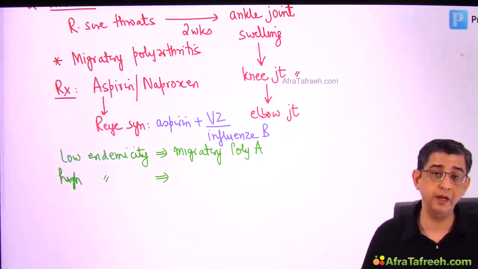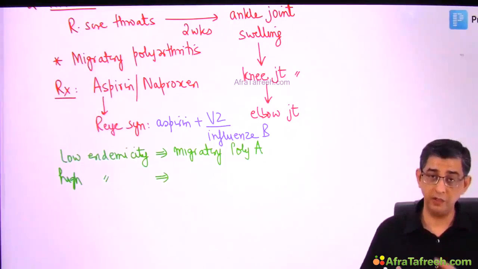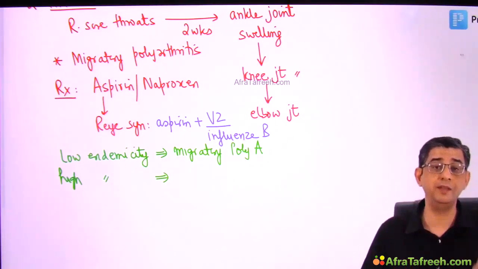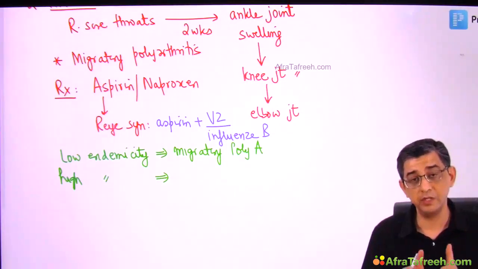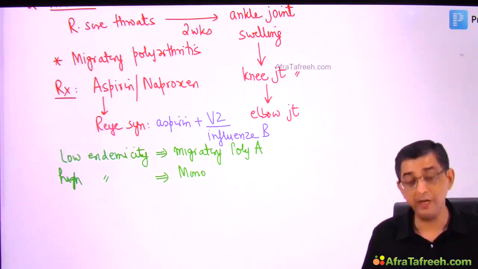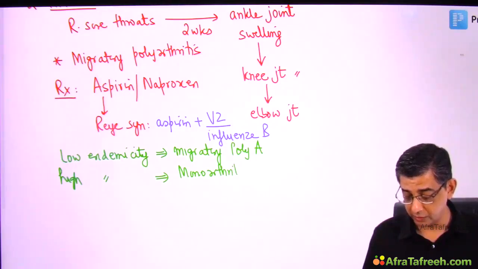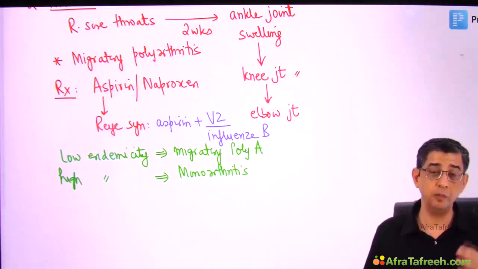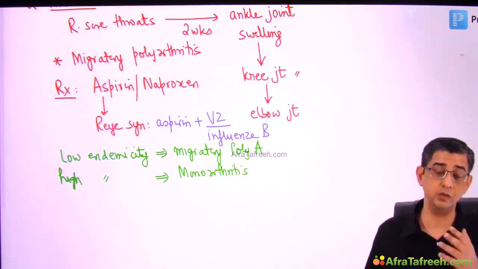But for something like India, where the disease is relatively common, he says, why do you want to wait for one joint to be involved, the next joint to be involved, and the next joint to be involved, and let the child suffer over these days and then say, okay, you have rheumatic arthritis. He says if the child is having even a monoarthritis, I repeat the fact once again, in a high endemic area like India, because of the high incidence of the disease, I don't want to wait for multiple joint involvement to occur over a couple of days, causing disability, distress on the part of the parents.